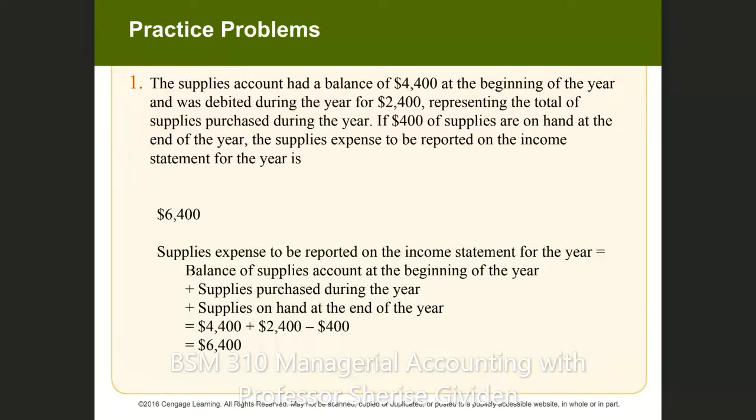We debited the asset account of supplies this amount, and a debit increases an asset. That's what I got wrong. Okay, that makes sense. Maybe you'll remember it, because I mentioned this earlier.